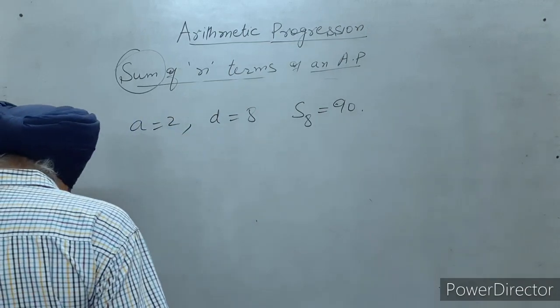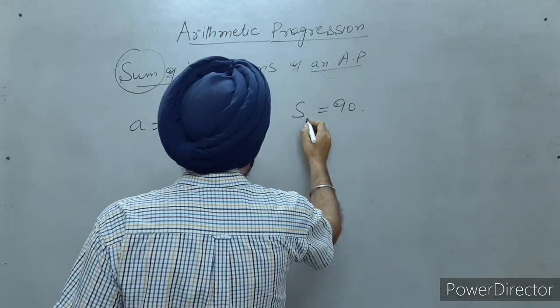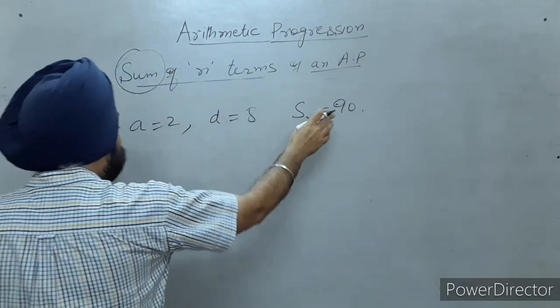What is it asking for? Find the value of n. So Sn is 90, sorry. Sum of n terms is 90.